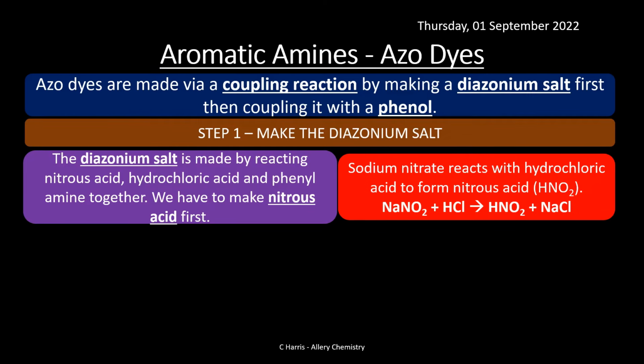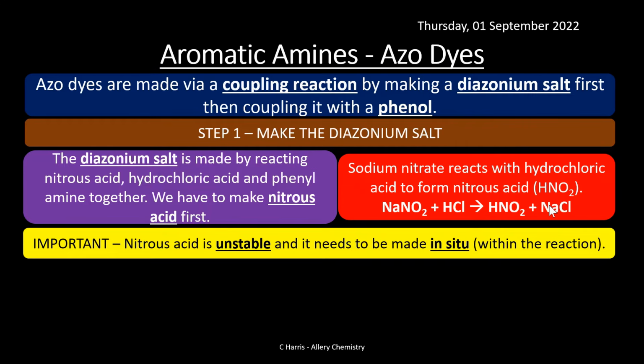Okay, so it's made within the actual reaction. But the reaction here is you make, effectively, you have to kind of isolate this reaction. You make nitrous acid by taking sodium nitrate, which is this one here, reacting with the hydrochloric acid that's in here already. And then we form nitrous acid, which is HNO2, and sodium chloride.